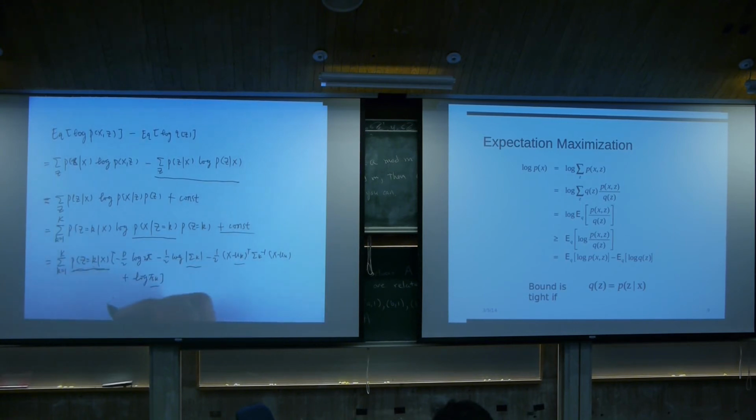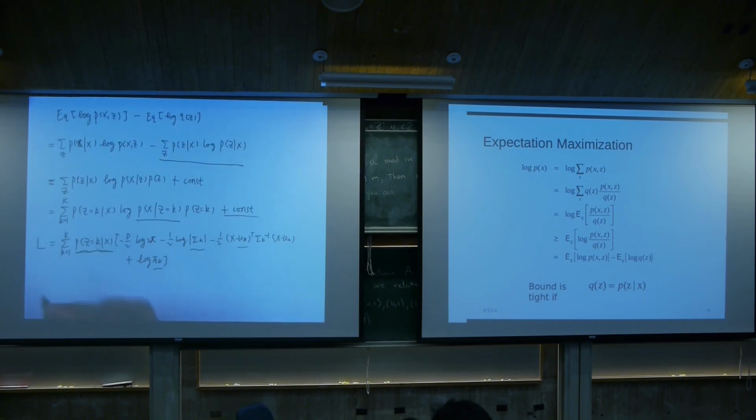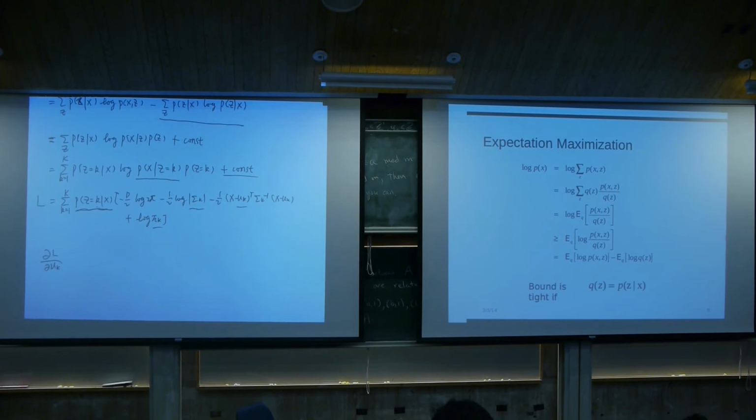Let's try a simple one. We use L to denote this function. We take its derivative over mu k. Mu k is the mean vector, the center of cluster k. So the derivative becomes p(z equals k | x), and the only term involving mu k is this guy.